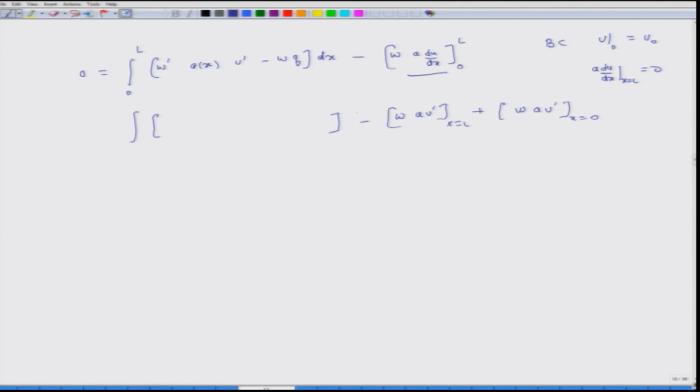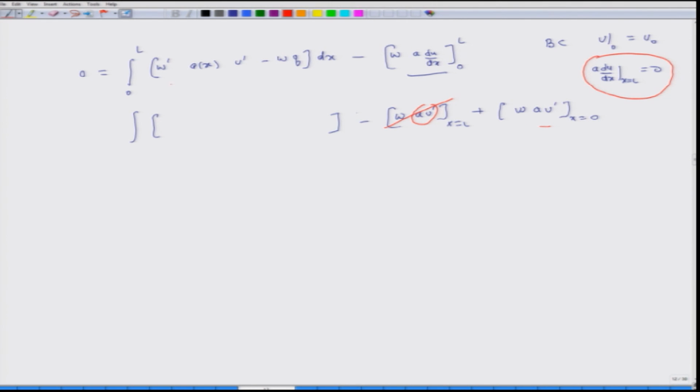Now, I know that du dx at x equals L is 0. I am now going to enforce this boundary condition. So, this term becomes 0. So, this whole term goes away. So, anyway, this is what I am left with.